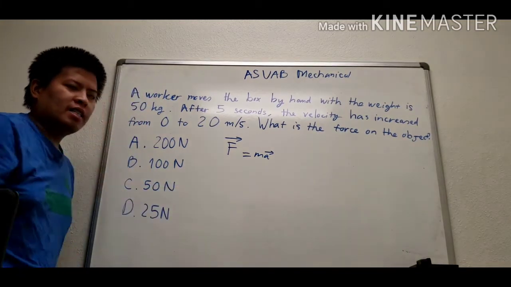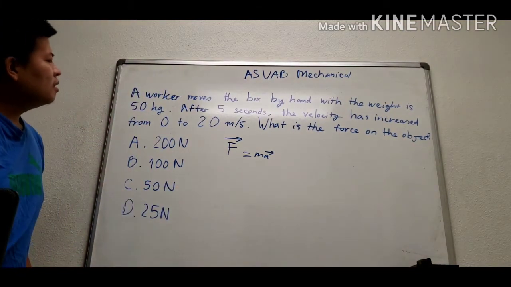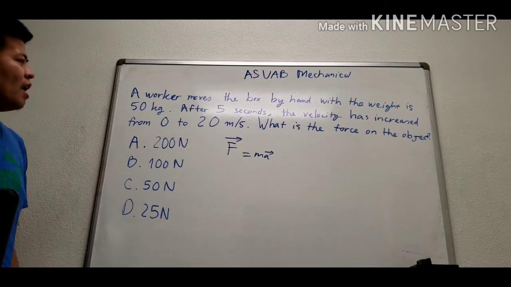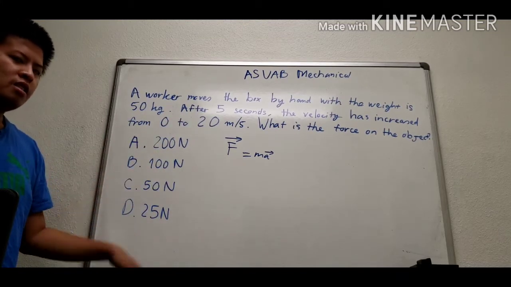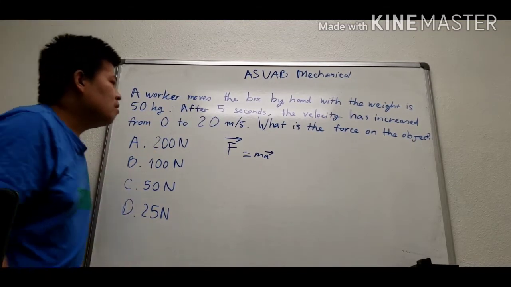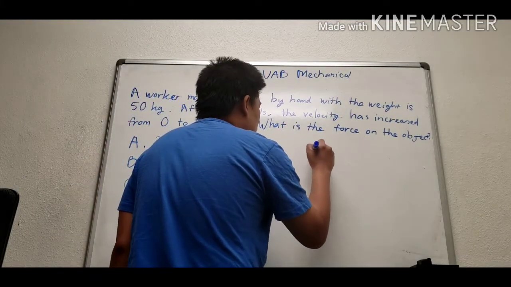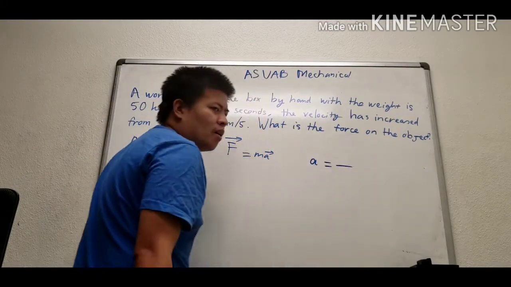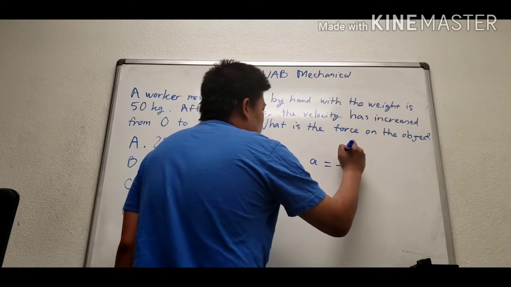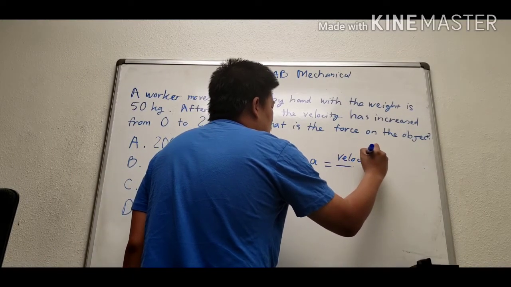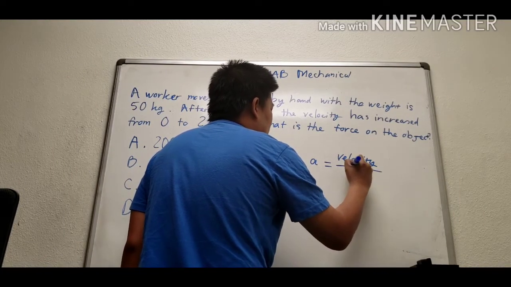A is the acceleration, but the question just provides the time and the velocity. We know the formula for acceleration is velocity divided by time.